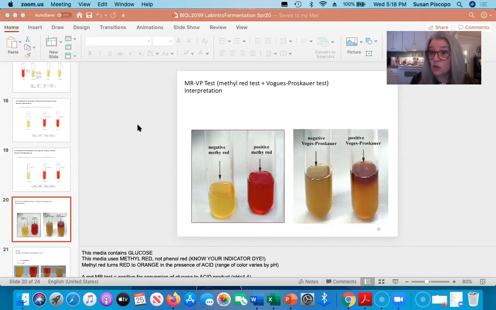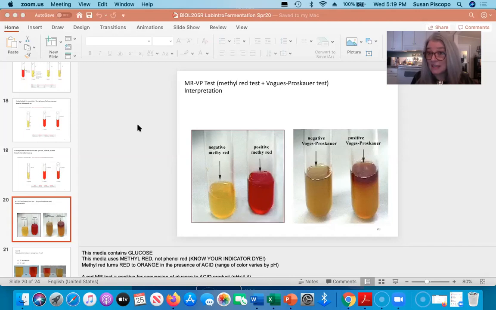Now, the reason they use methyl red for this test is because it has a little more of a range of color change. You can get anywhere from an orange color to a red color and have a positive methyl red result. Some organisms ferment and produce acid that is very acidic, and some organisms ferment and produce acid that is less acidic.